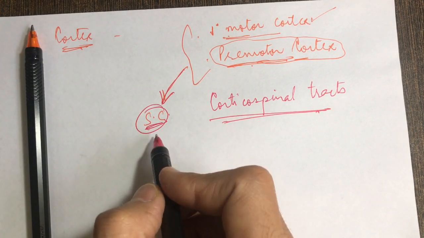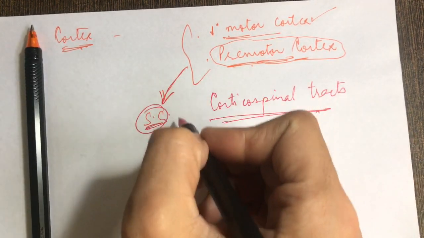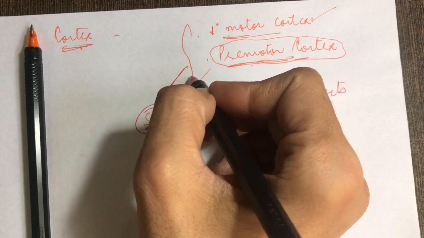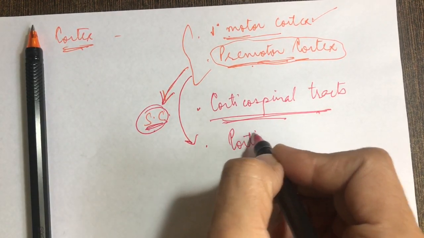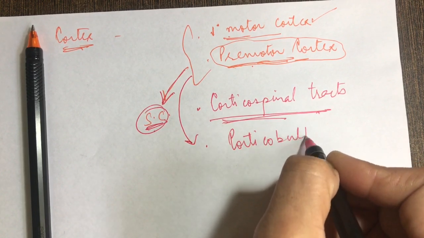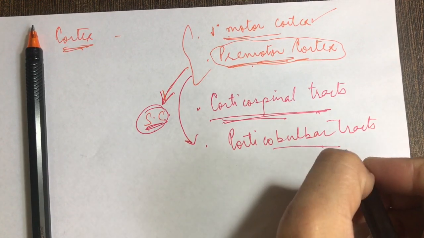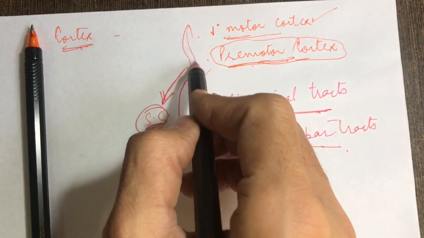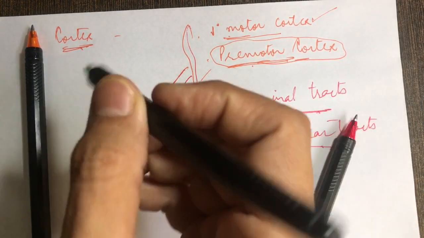So the cortex controls those medial and lateral descending pathways as well. The ones that end in the brainstem are called the corticobulbar tract.